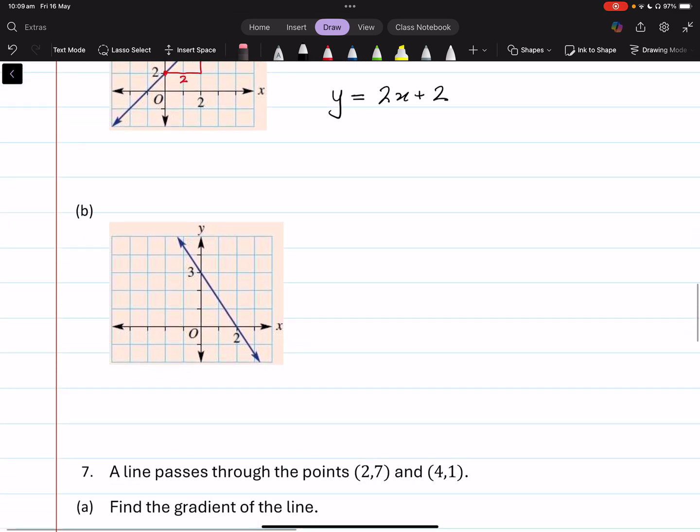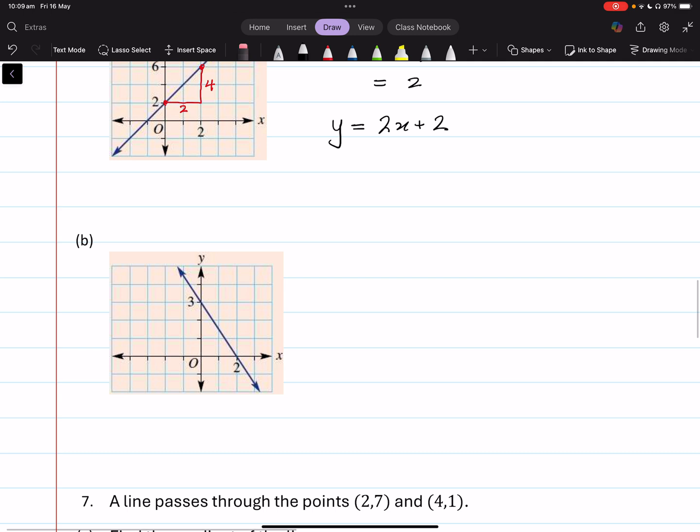Okay, so for 6b, I'm going to use the same method. We know that it's going to be rise over run. And so our gradient, if I pick 2 points, and I think the obvious 2 points to pick would be the y and the x-intercept here. I'm going to go like that. So I've actually gone down 3, so it's -3 is the rise for a run of 2.